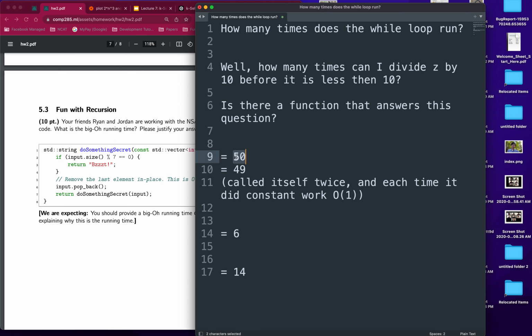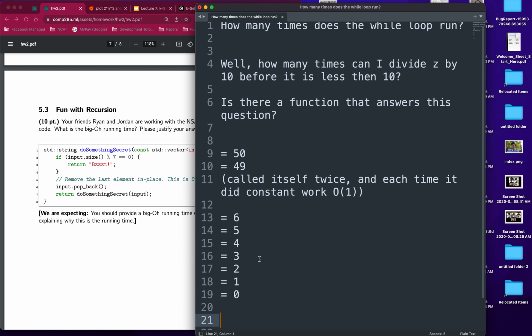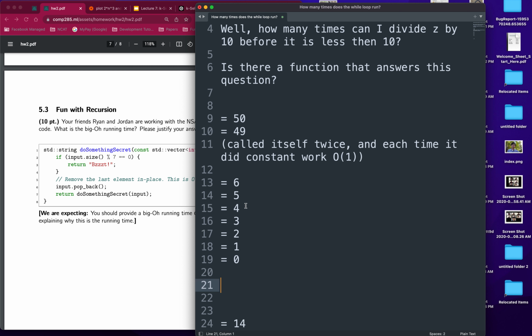So this function with input 50 was constant. With input 6, it actually calls itself to go to 5, to go to 4, 3, 2, and then 1. And finally, it gets to 0, in which case 0 is divisible by 7. So it actually calls itself 7 times. Still, each time it does constant work. So this is actually O of 7, which is O of 1.